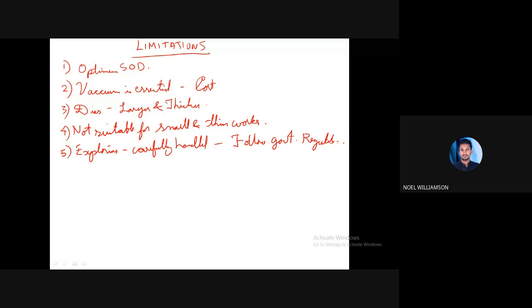Now we will see the main applications, or where the application areas of explosive forming are.